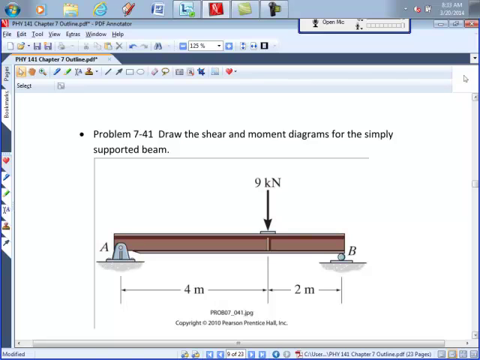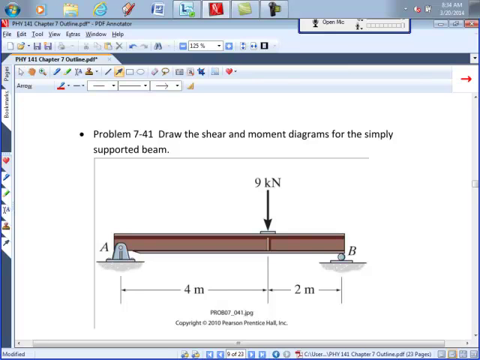So here's a simply supported beam. It's got a pin joint on this end, a roller on this end. We want to draw the shear and moment diagrams. So what do you think we should do first? We're going to have to find the reaction forces so that when we take a section, we've got at least some kind of a force to work from.